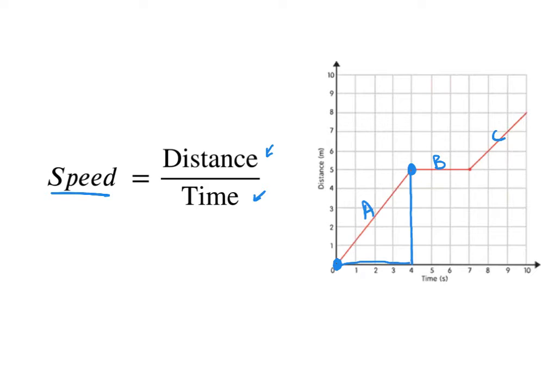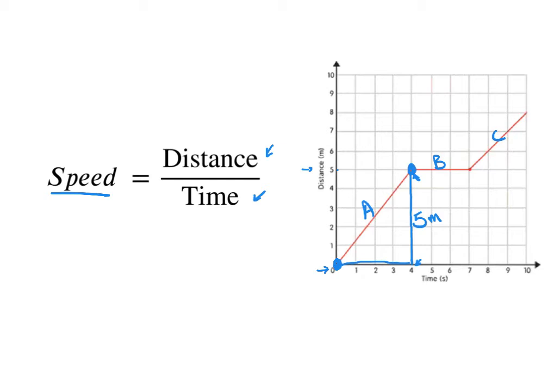Because we know that distance is recorded along the y-axis. And so we started down here at 0, and we have gone up to 5. So from 0 all the way up to 5 meters, that distance is 5 meters. Right, and you could count the squares or you could use the scale. If you're counting the squares, just make sure you pay attention to what the scale is.